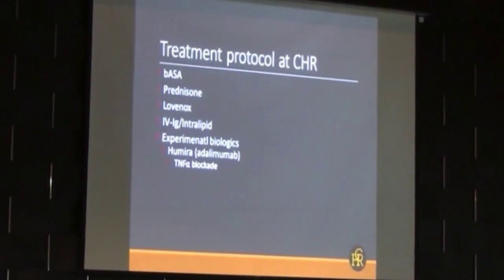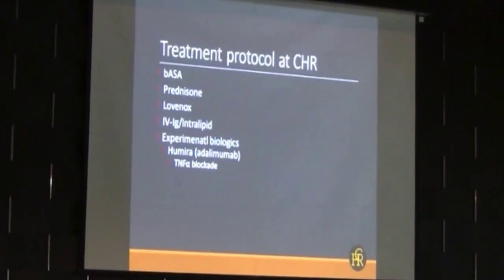Now, there is increasingly talk, and some people even use experimental biologics, particularly Humira or adalimumab, which is a TNF-alpha blocker, widely used in rheumatoid arthritis and other autoimmune conditions.